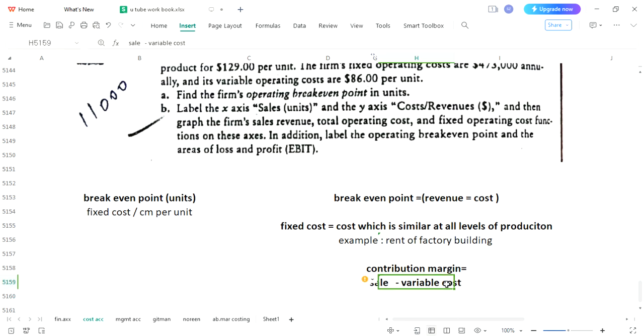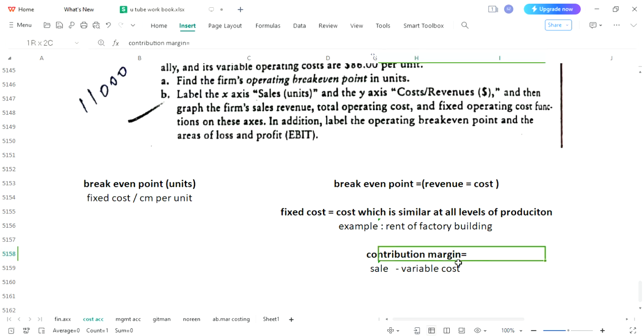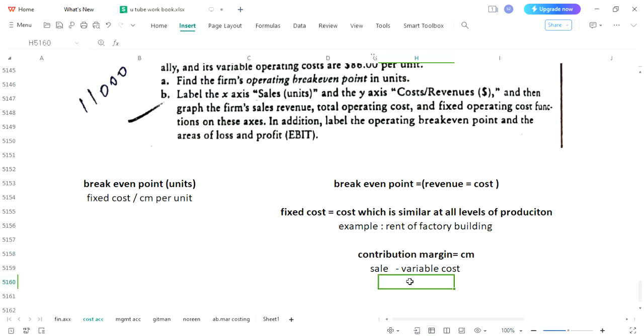So this is the formula for contribution margin. It is also denoted by CM, that is why I have written it over here. You can see CM. So you can abbreviate contribution margin as CM. So if you subtract your variable cost from sales, you will get your contribution margin.